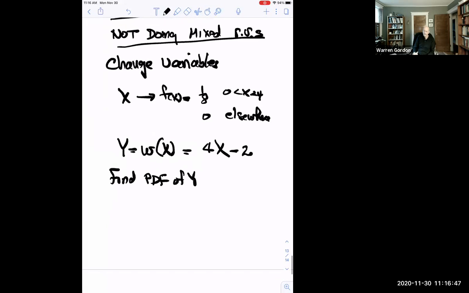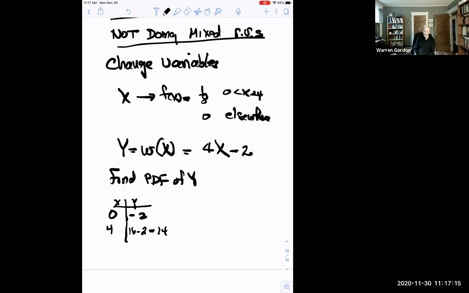By the way, observe, if x goes from 0 to 4, when x is 0, y is equal to what? -2, right? Plug 0 in here. And when x is equal to 4, y is equal to 16 minus 2, which is 14.